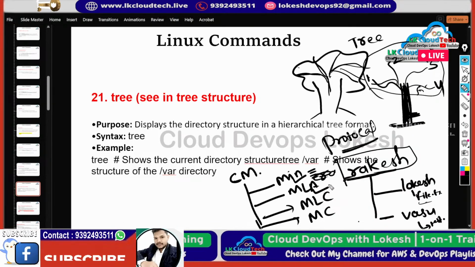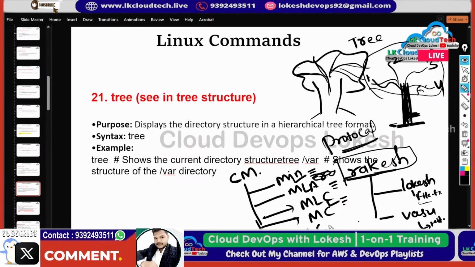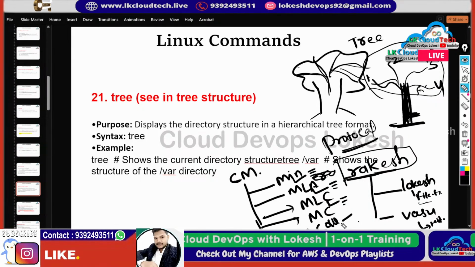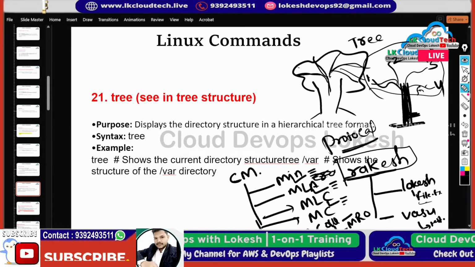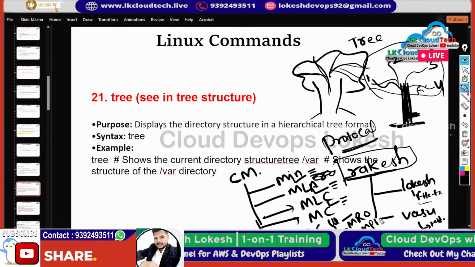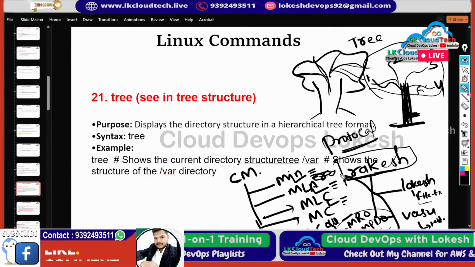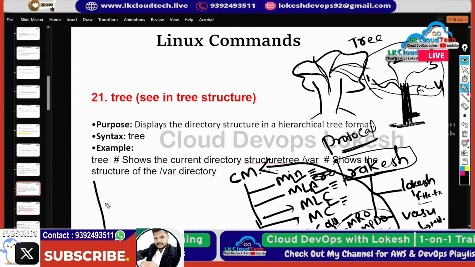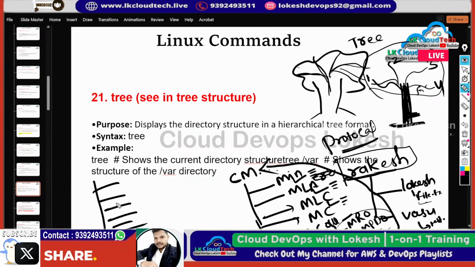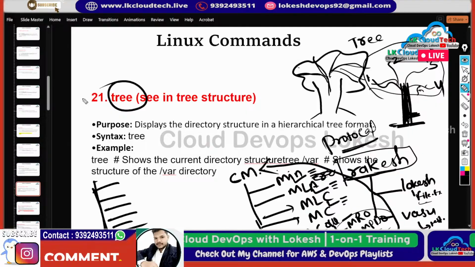Under MLA also some people will be there, under MLC some people will be there. The collector is a good example actually. Under the collector, MRO, MPDO, whatever, all the departments come under the collector. Clear? This is completely hierarchy level. This hierarchy level you can see in a structure. If you want to see it in a proper structure, you can use the tree command.